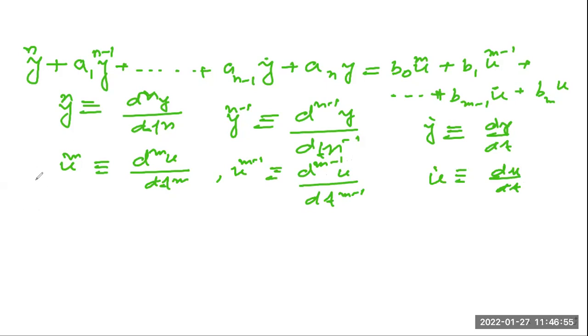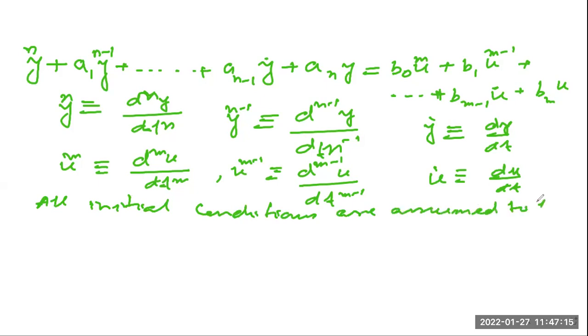Now for this differential equation, we know these derivatives have some initial values, but all initial conditions are assumed to be 0. So there is no question of the initial condition, because if you take the Laplace transform, there would be a question of what the initial condition is.